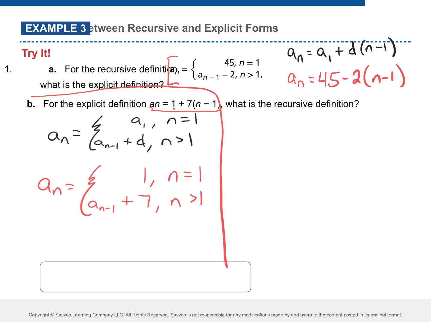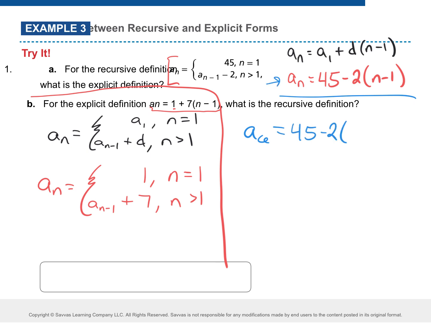Okay? Let's do another practice. On this formula right here that we rewrote, if I asked you to find the 6th term of the sequence, go find it. Okay, so if I'm finding the 6th term of the sequence, what would my AN be now? A6. So then I'm still using this formula right here. So I have 45 minus 2.